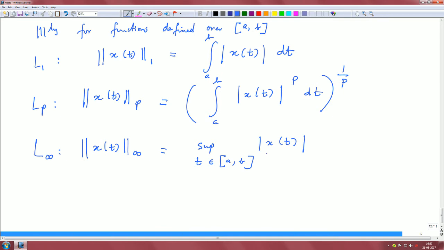You can't exactly get the maximum, but you have a sequence of bounds, and you want the tightest bound to the modulus of x(t). That is the meaning of this supremum, and this is of course for 1 less than or equal to p less than infinity. Okay.